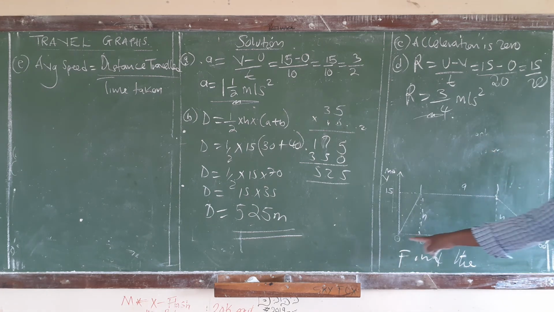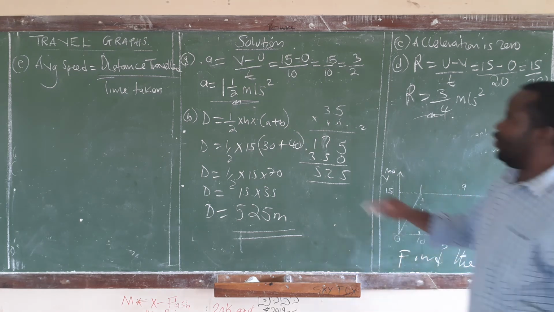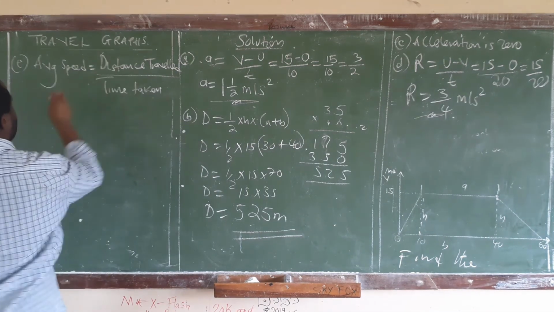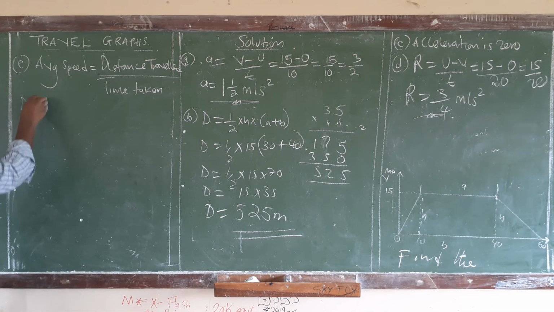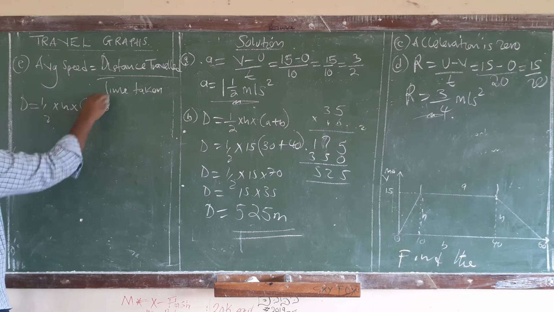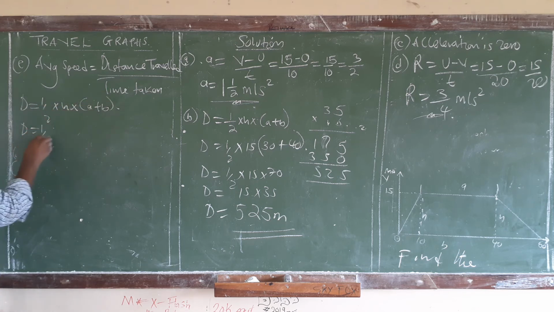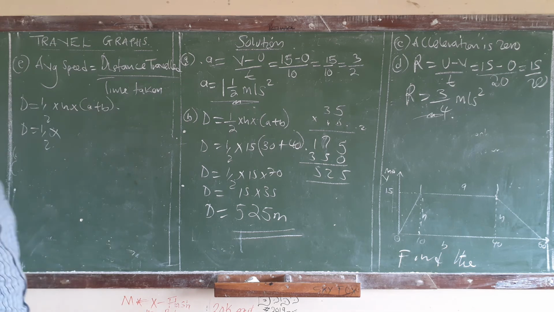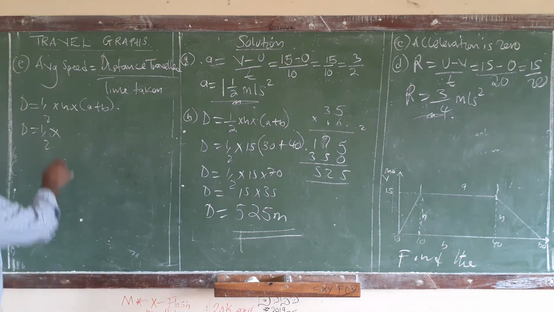Let's get the total distance from this point up to that point. So the first thing is to identify the shape, which is a trapezium. So for distance, our distance is equal to half times height times a plus b. So our distance will be half times our height, which is 15. What is our a?